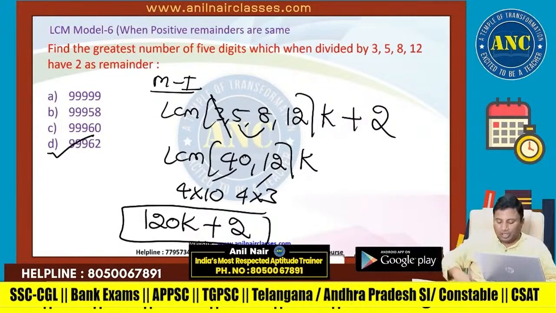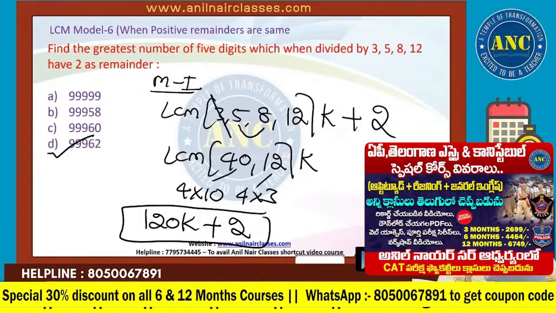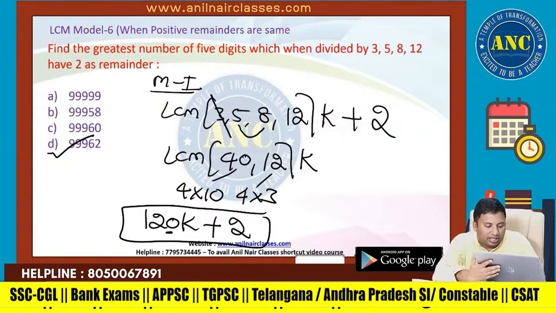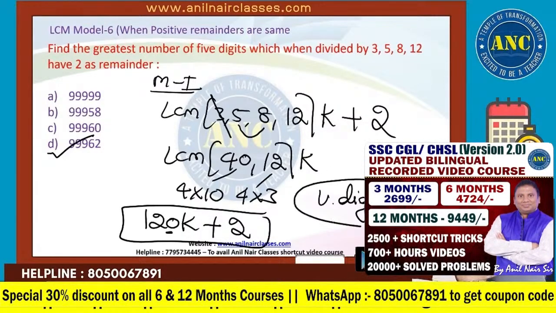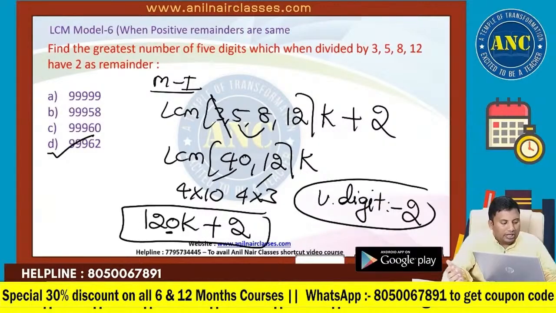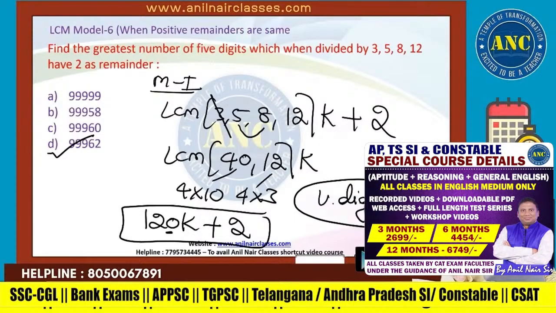If you substitute a value you will come to know, or otherwise you don't need to substitute it. 0 into anything is 0, plus 2. The unit digit in the answer should be 2. I hope the idea is clear.